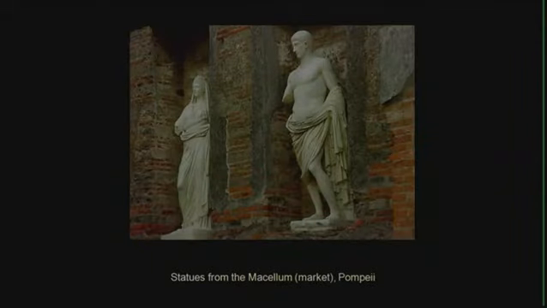Take this nice pair of figures, one male, one female, from a building next to the Forum in Pompeii. They have been identified in any number of different ways over the last 200 years.